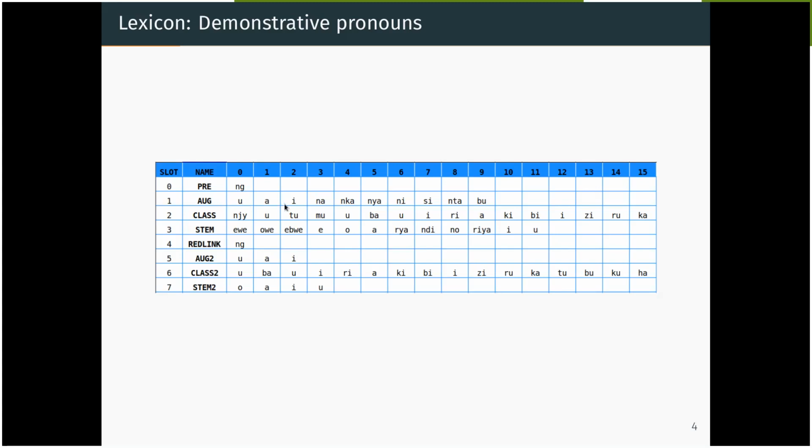So you can make different combinations. It's kind of hard to show it in a table like this, but basically anything that is demonstrative in Kinyarwanda can be constructed from this lexicon. So you can have a word like ha.